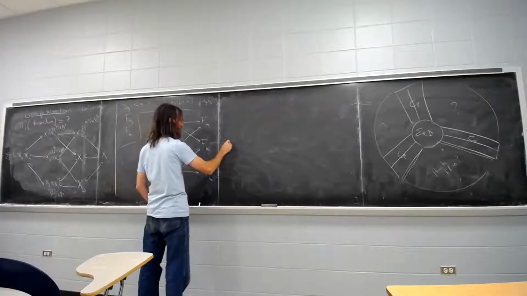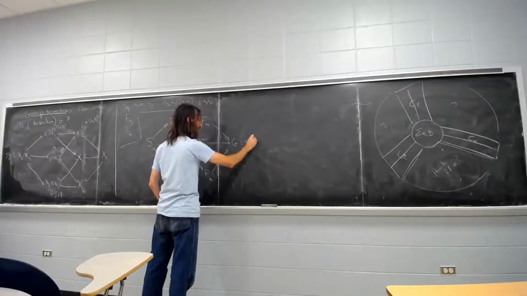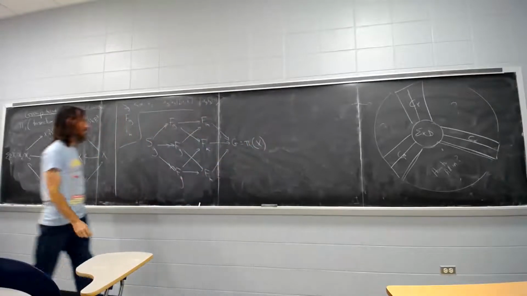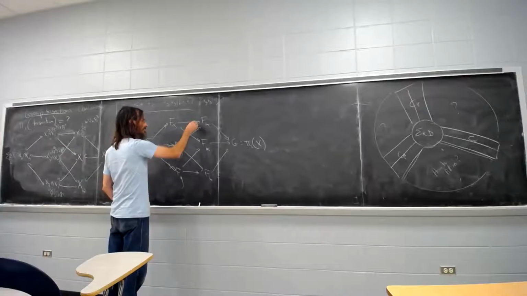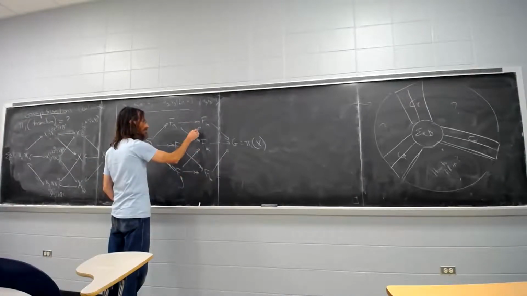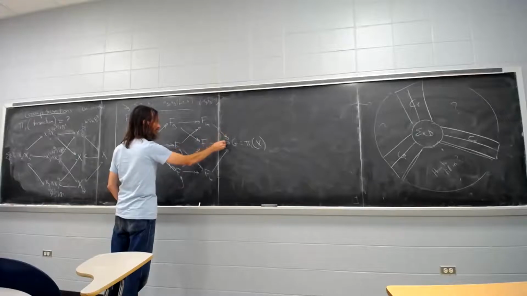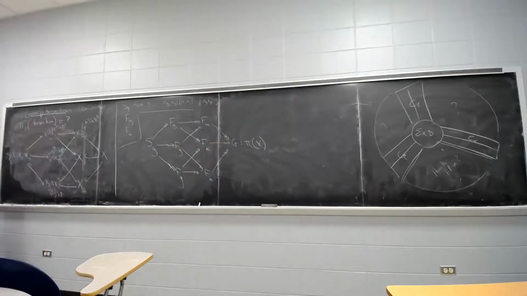And that maps to something, and the group G is π1. These are all surjections, and they're all surjections, and all the squares commute.